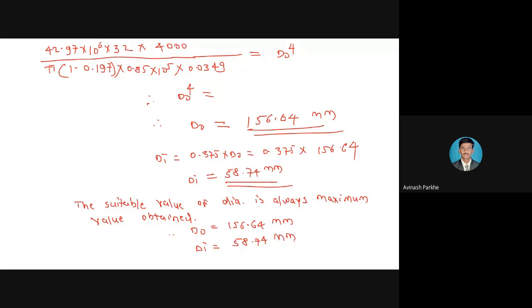Yes, 156.64 mm. This is the external diameter. And by using the same relation, di is equal to 0.375 times DO. Find out the internal diameter also, and you have to select the maximum diameter for the further calculation.